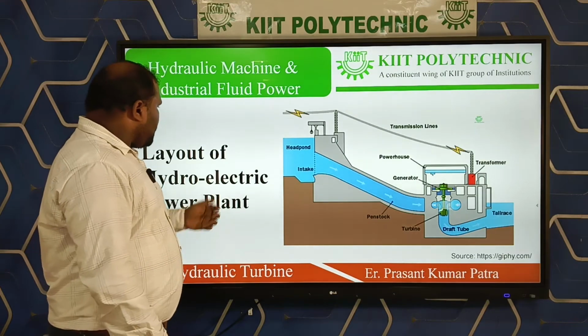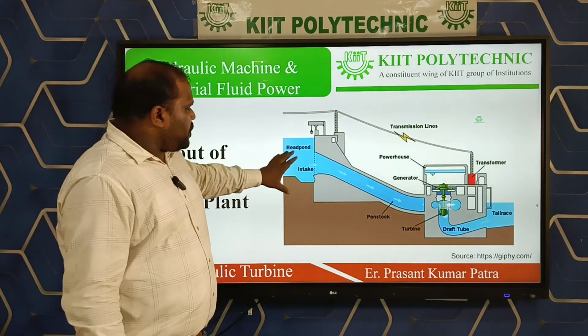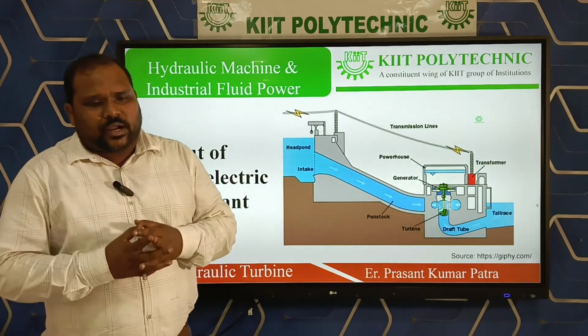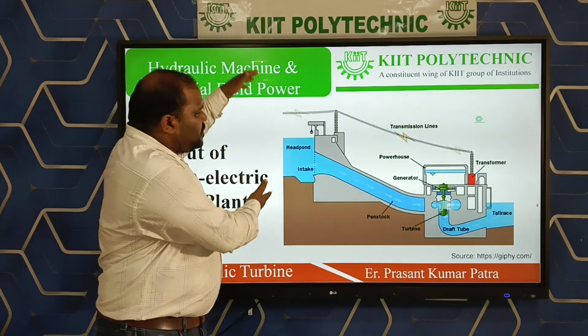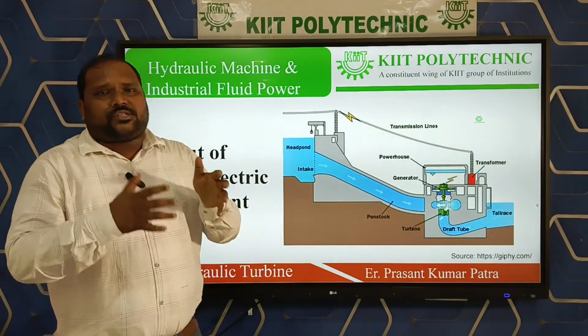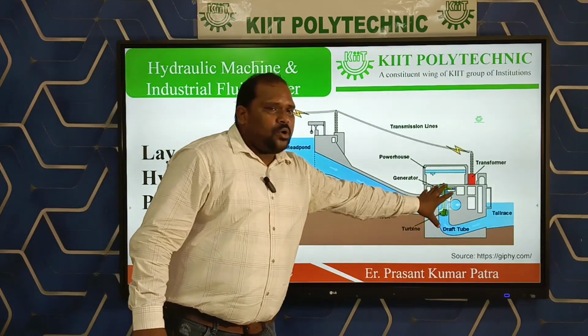Now, what is the layout of this hydraulic power plant? You can see generally in hydraulic power plants there is a setup for the dam. That means there is a reservoir where water is stored, and that stored water is supplied to the powerhouse. What is that powerhouse?